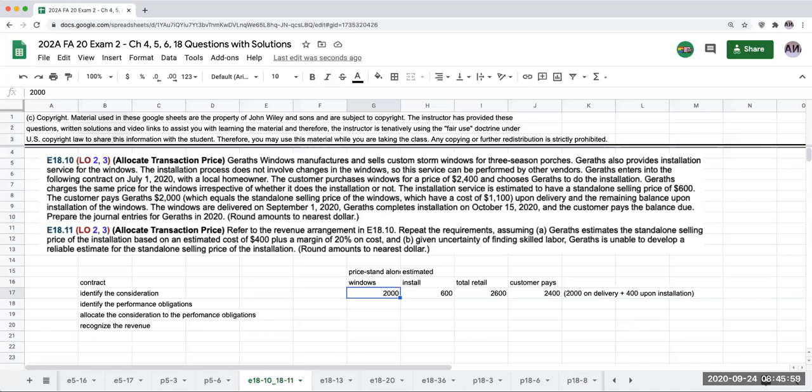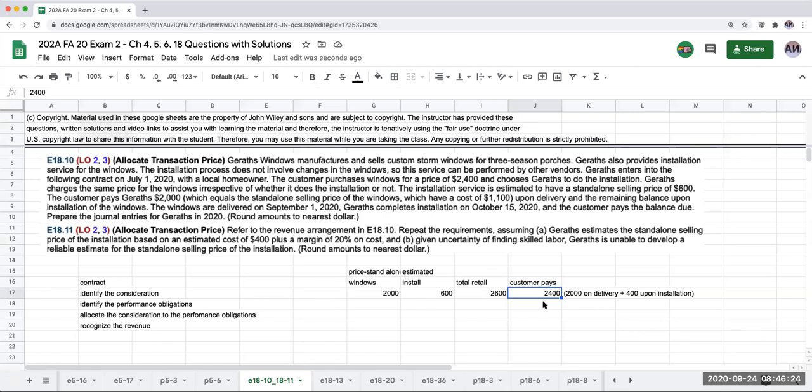So what I need to do is allocate this transaction price. Over here, this is the contract. The consideration is $2,400. The performance obligations are really two. We're delivering the windows, and in the second part we're going to be installing the windows. I'm calling this two separate events.